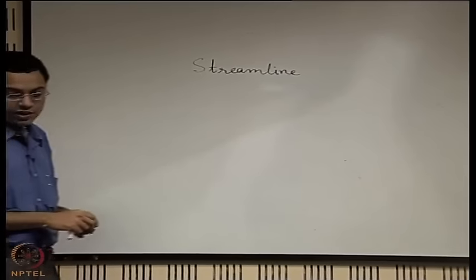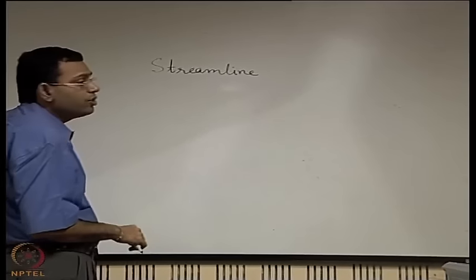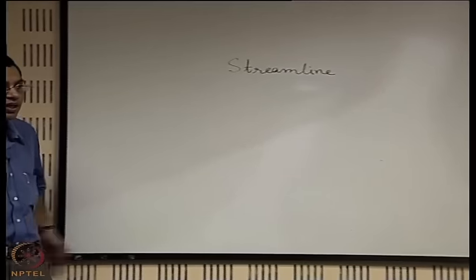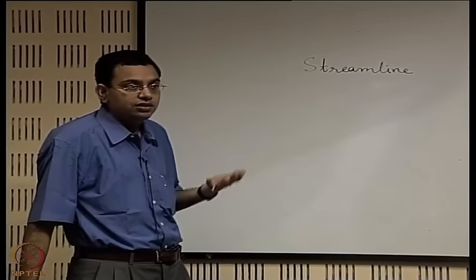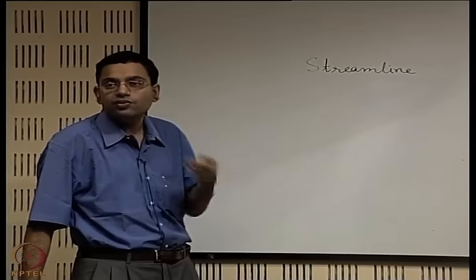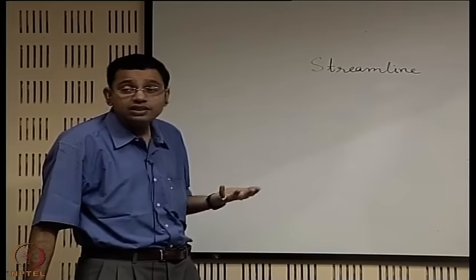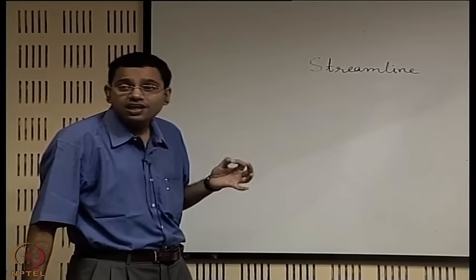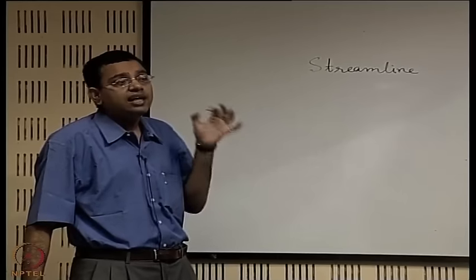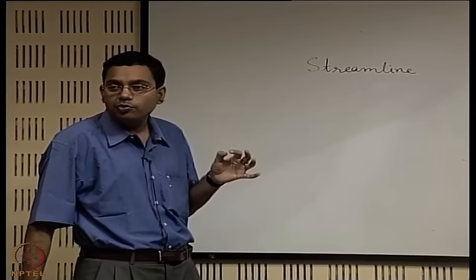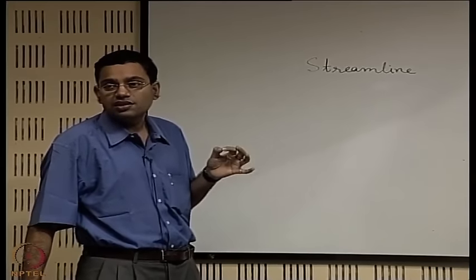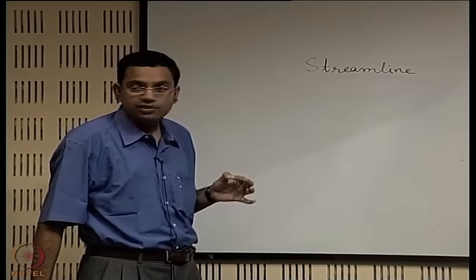So when we say streamlines, how do we define streamlines? Streamlines are imaginary lines in the flow field, these are not existing in reality. So imaginary lines, what type of imaginary lines? These are such lines that at an instant of time, the tangent to the streamline at any point represents the velocity vector at that point.